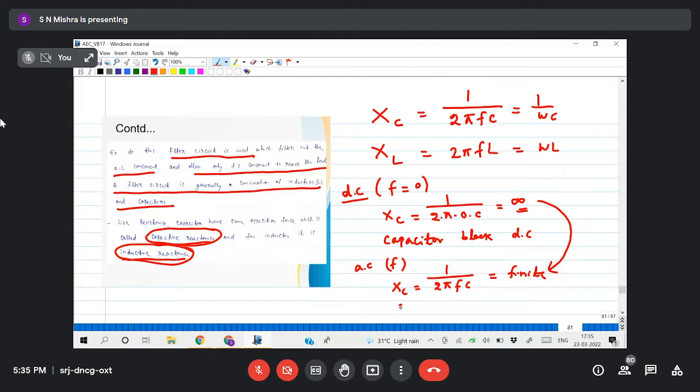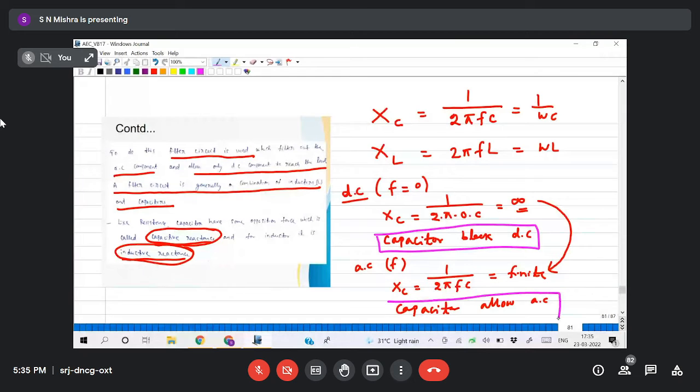So I can write capacitor allows AC. These two conclusions I can combine into one: capacitor blocks DC and allows AC through it. Is it clear? Or any doubt?